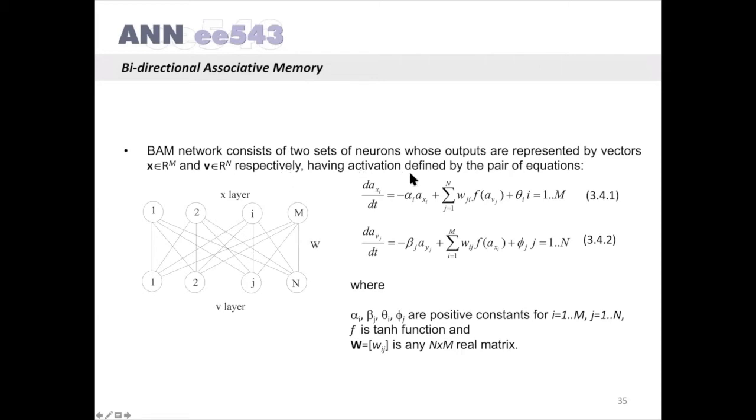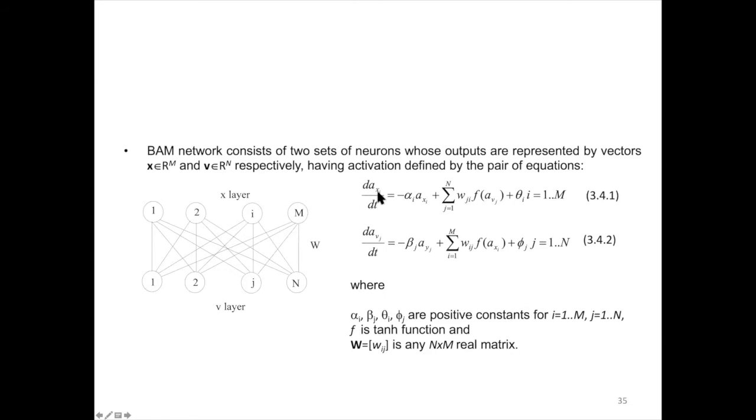Having activation defined by the pair of equations, the time derivative of the activation of neuron i in the X layer is equal to minus alpha i times the activation of the neuron i. For this one, we are trying to find out the time derivative. We are using the activation at that time, plus summation j from 1 to n. We are considering the neurons here.